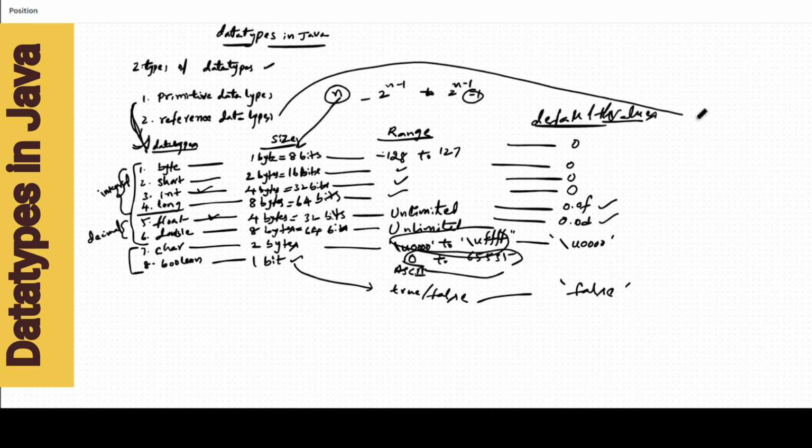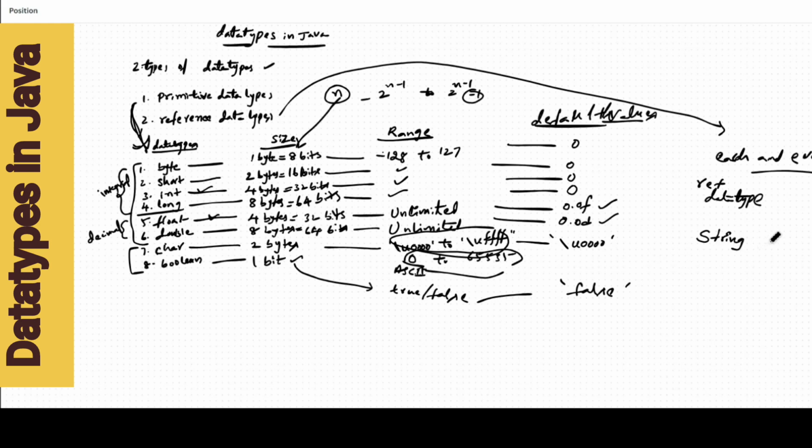When it comes to reference type data, each and every class from Java and also user defined classes will act as a data type. So that data type is nothing but a reference type. For example, String is a built-in class in Java.